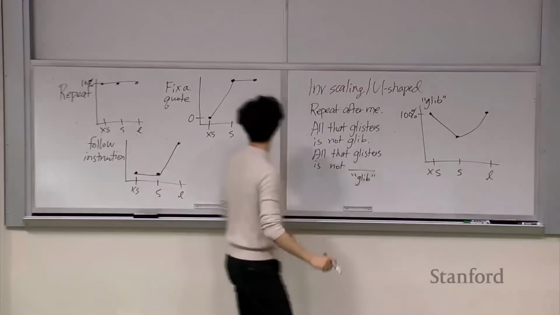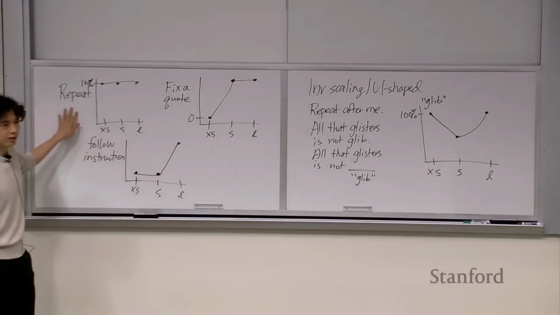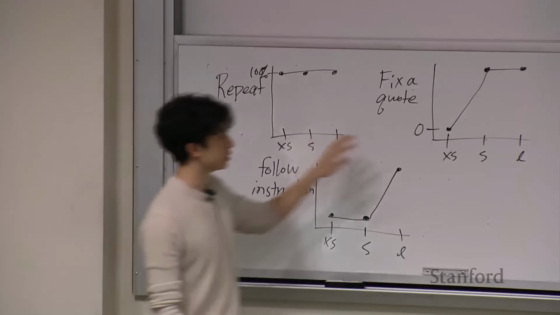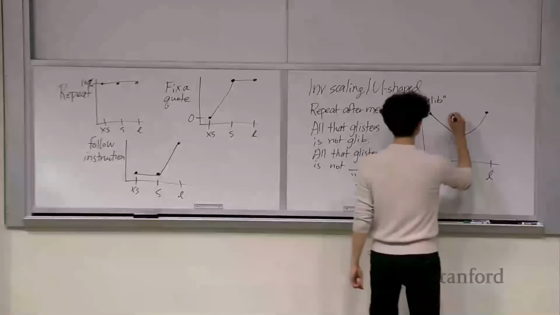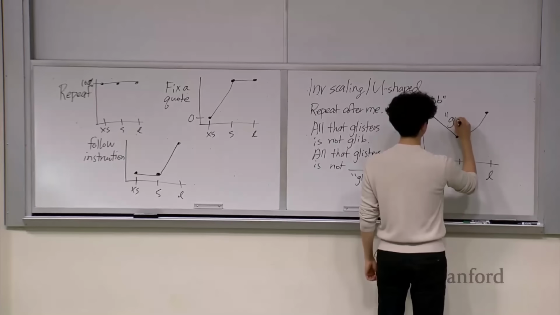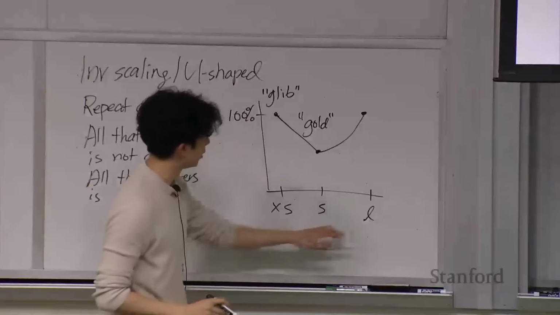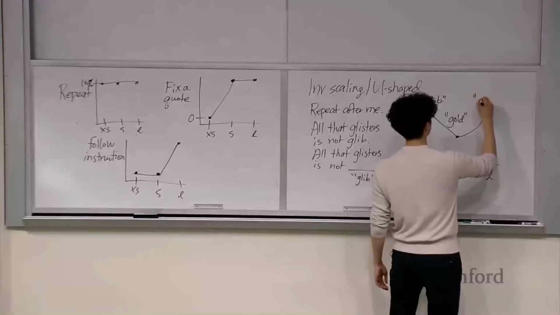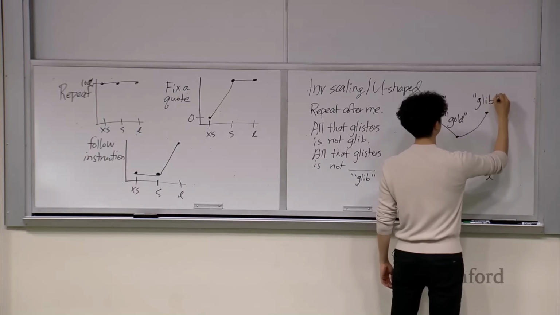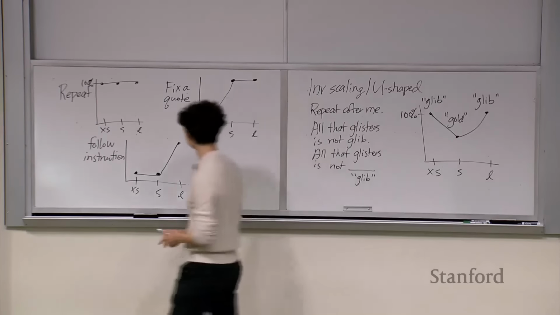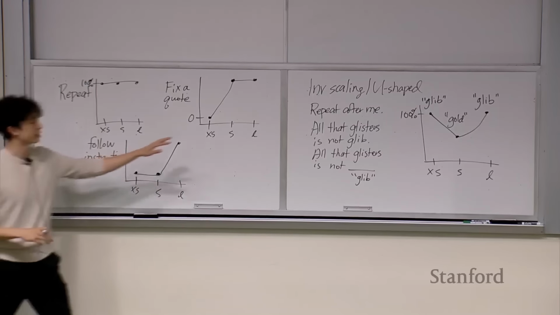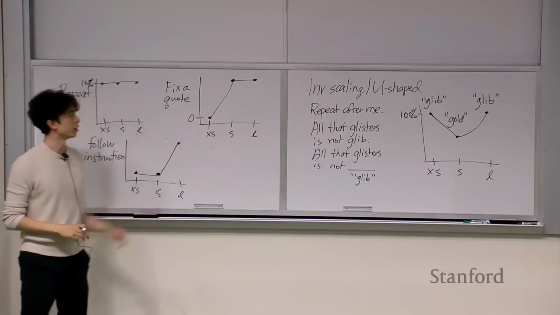The small model can repeat, it can fix the quote, but it doesn't follow the instruction, so it decides to fix the quote. And then the large model can do all 3. It can follow the instruction, so it just repeats. And so that's how, if you look at the individual subtasks, you can explain the behavior of some of these weird scaling properties.